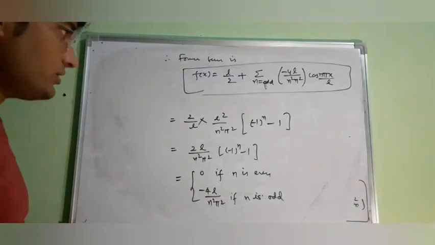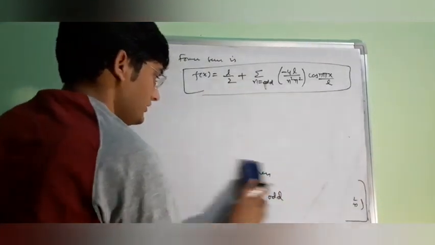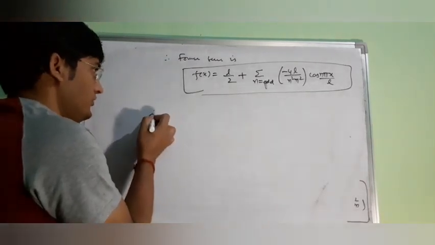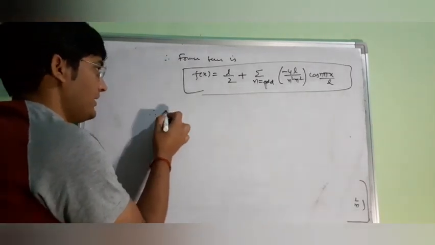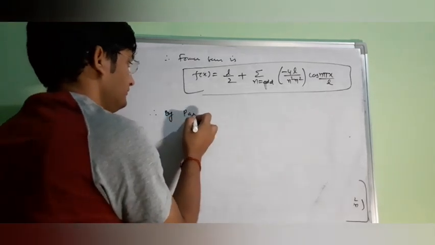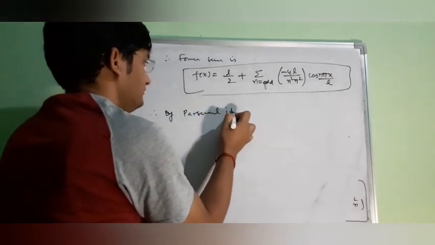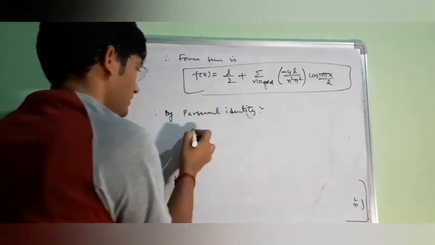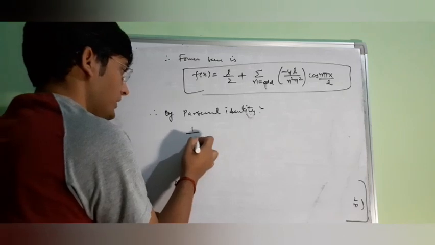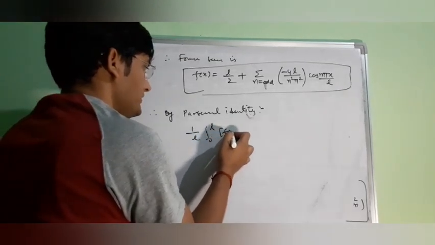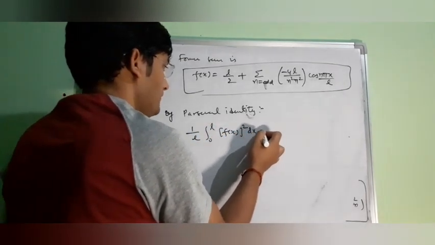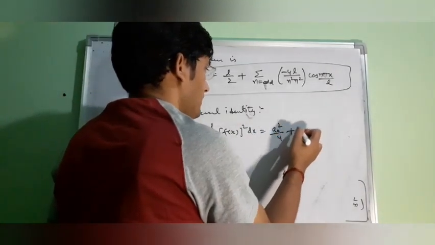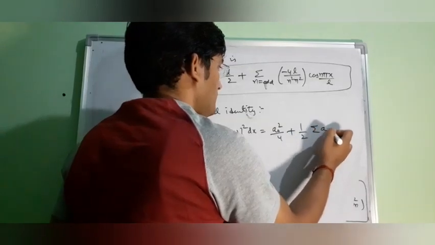Now let us deduce the sum of the series. So therefore by Parseval identity, which was your 1 upon L, integral 0 to L, f(x) whole square dx equal to A0 square by 4 plus half summation a_n square.